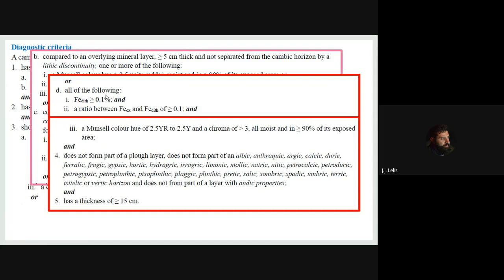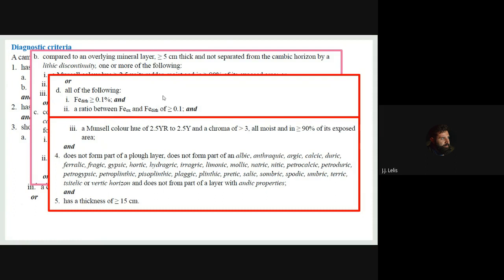So we should possess a higher content of iron associated with poorly crystallized minerals, because this horizon is not so well formed. Remember, it's a teenager horizon, so it's not as developed as a ferralic or similar horizon, so it shouldn't possess a high content of iron associated with well crystallized minerals.